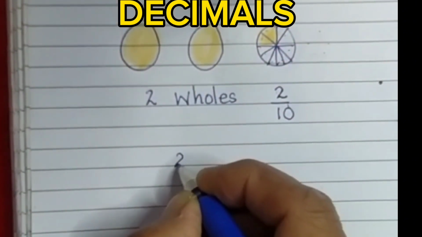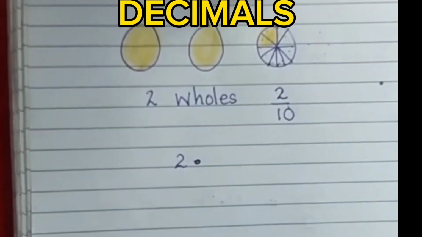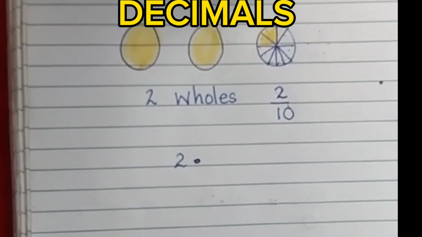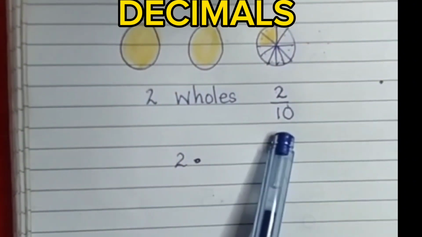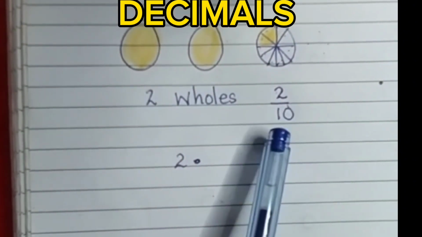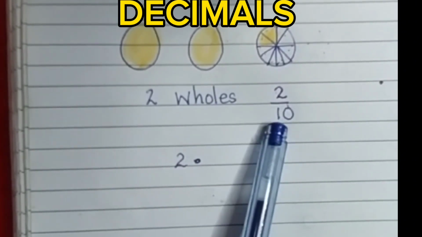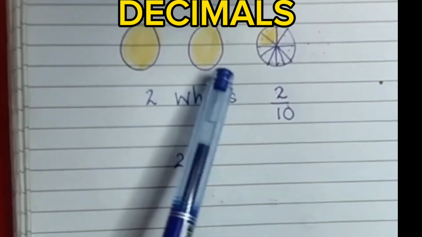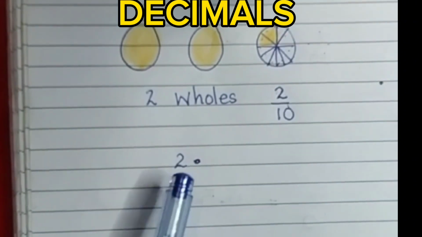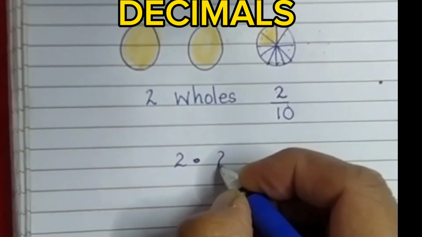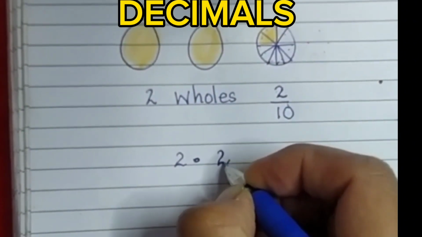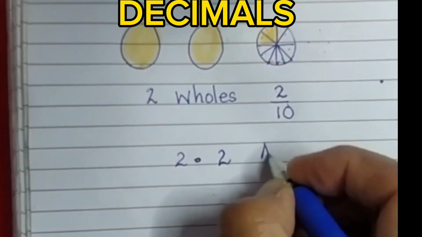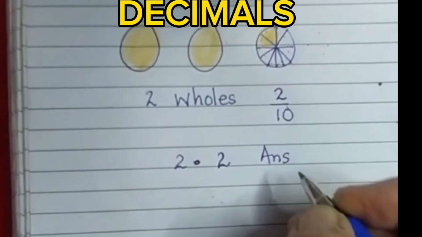So 2 point what? 2 upon 10 when written as a decimal is 0.2. But since there are 2 whole numbers here, I'm going to write down 2.2. This is going to be my answer.